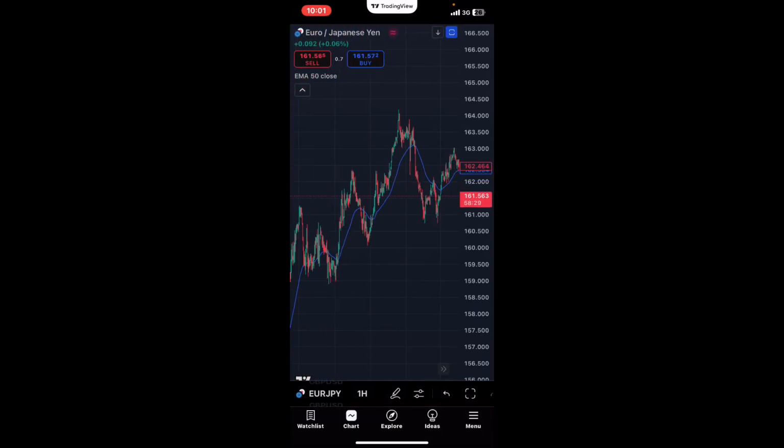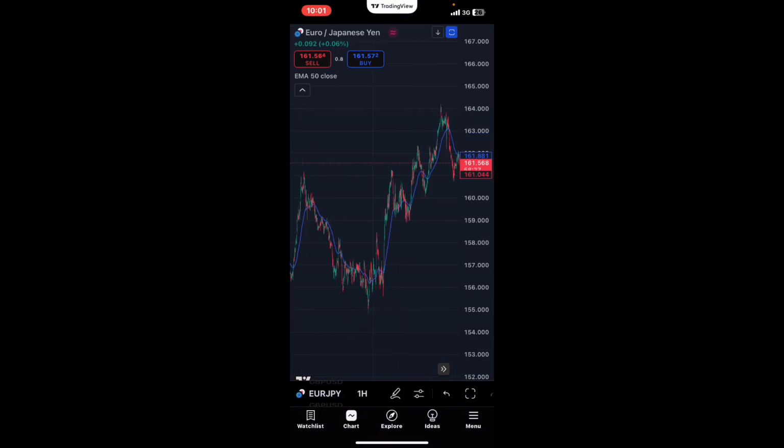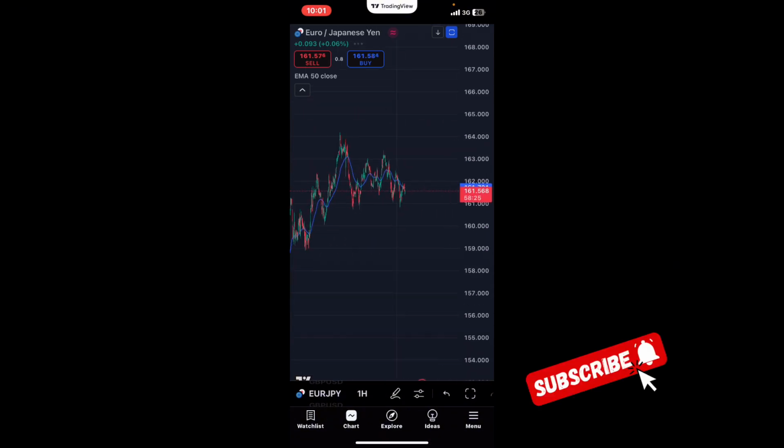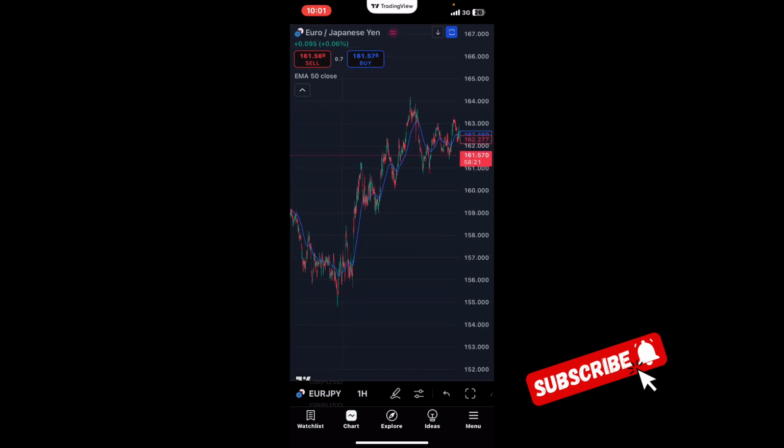As you can see, it's a plain chart. For me to predict whether to buy this pair at this particular time or to sell this pair at this particular time, I need to take my analysis.